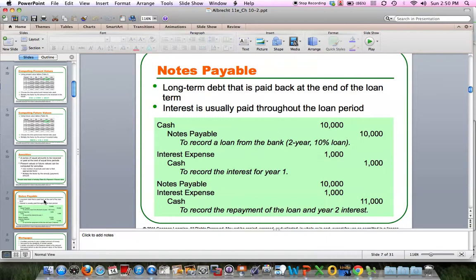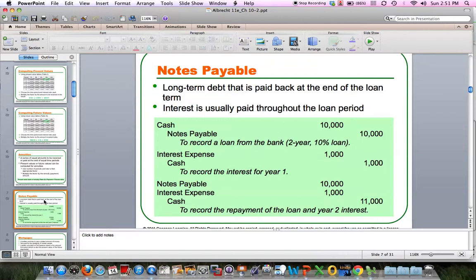It says a 2-year loan, 10%. If the bank gives us $10,000, obviously we will debit cash for $10,000, and then we would credit notes payable for $10,000. After 1 year, we need to record interest expense. Obviously, interest is incurred due to the passage of time. So every day this loan is outstanding, we are incurring interest.